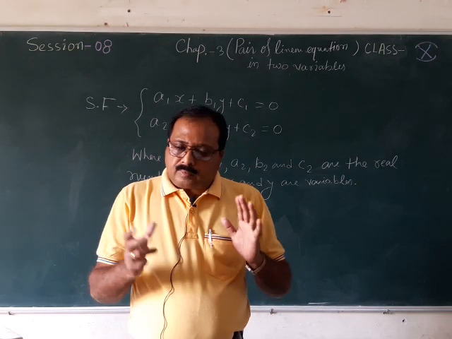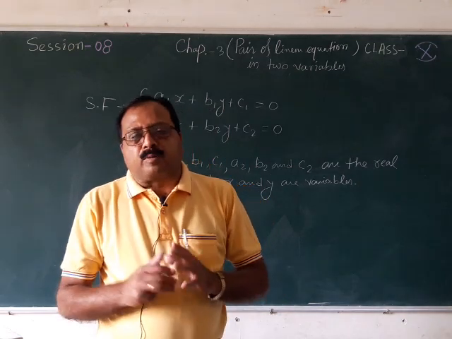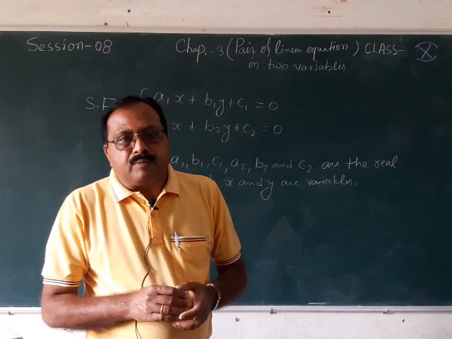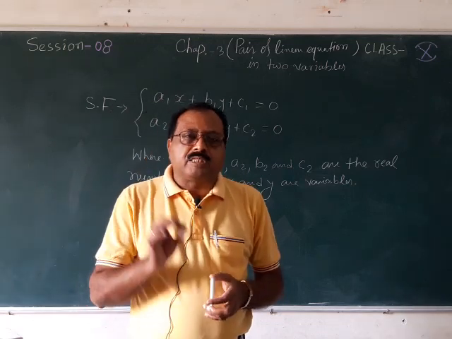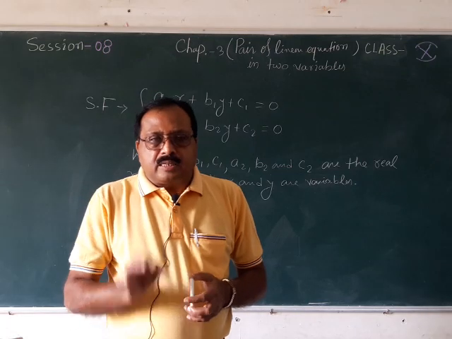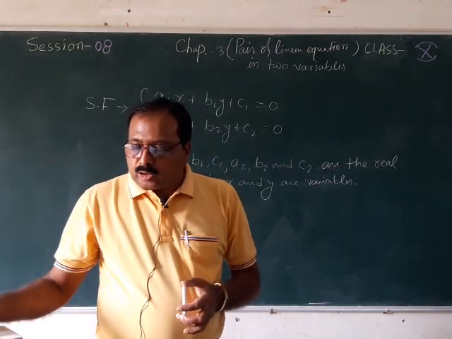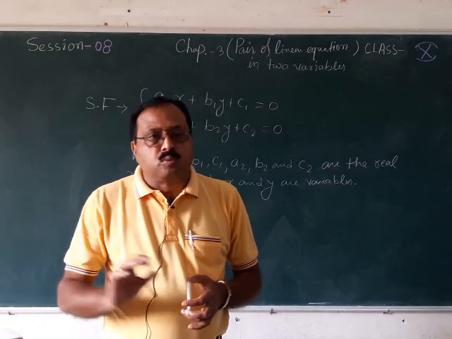From there we have to discuss various types of methods. First of all we have to understand the graphical method, the first method which I am going to deal with today, that is known as the graphical method to get the solution of a linear equation in two variable.